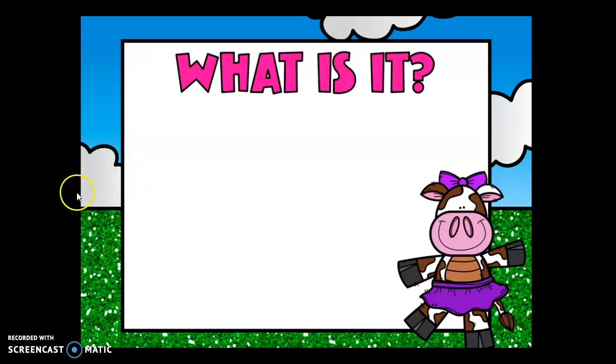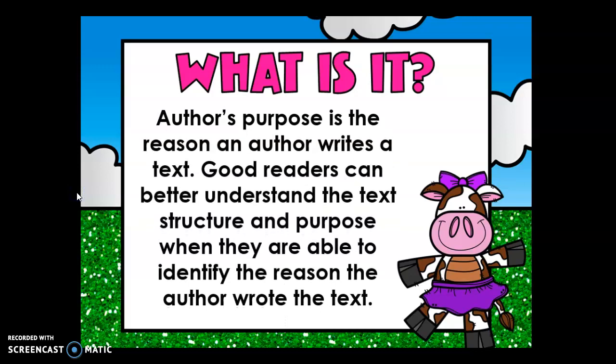What is author's purpose? Author's purpose is the reason an author writes a text. Good readers can better understand the text structure and purpose when they are able to identify the reason the author wrote the text. So we have already reviewed text structures. This is descriptive text, cause and effect, compare and contrast.